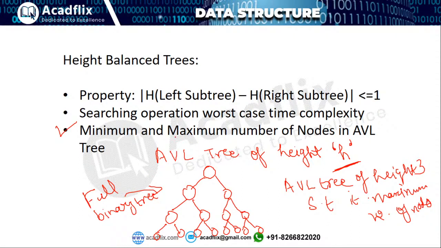This particular thing was easy, but how will you construct an AVL tree of height h such that it is having the minimum number of nodes? That is actually the major thing to know about or to learn about.